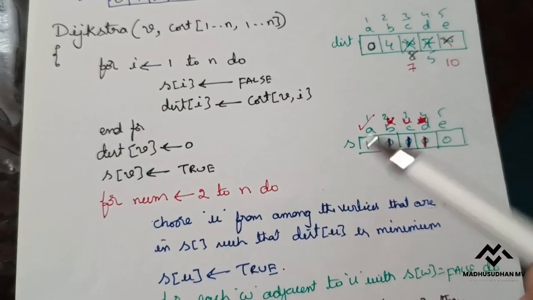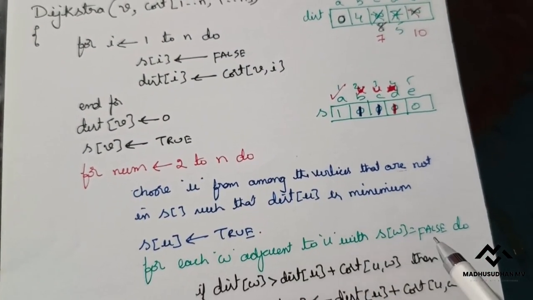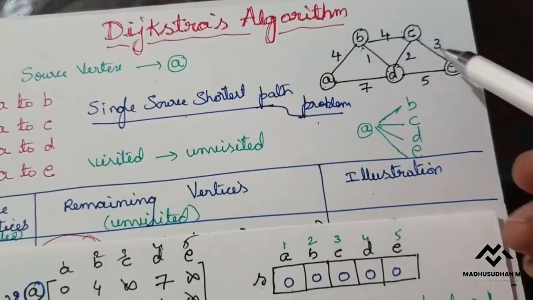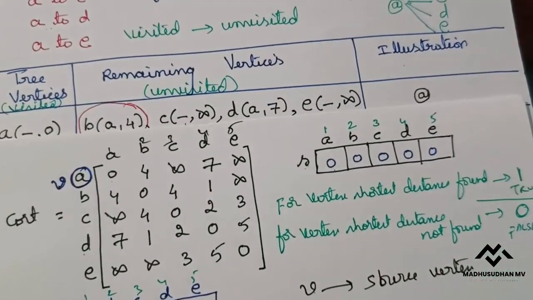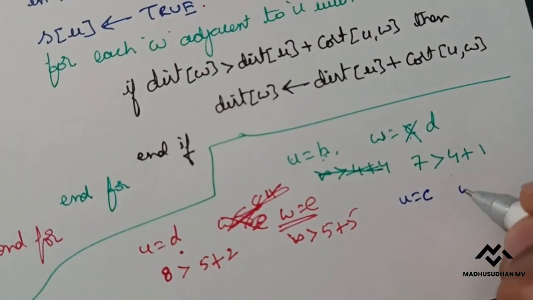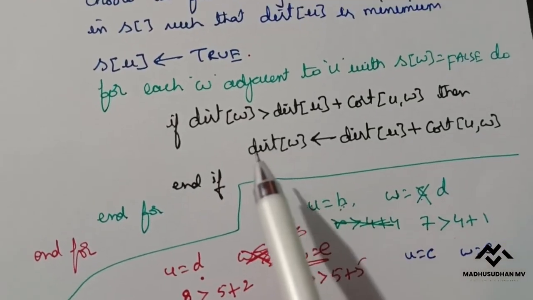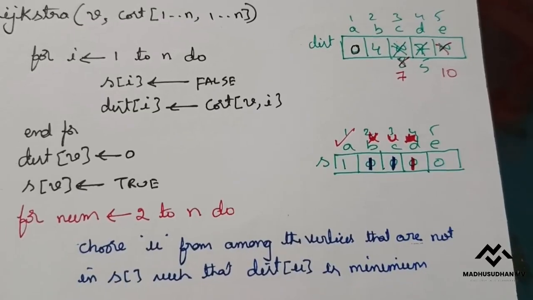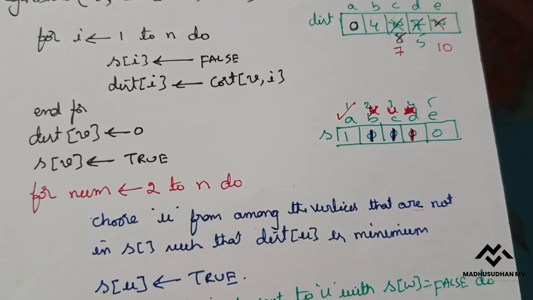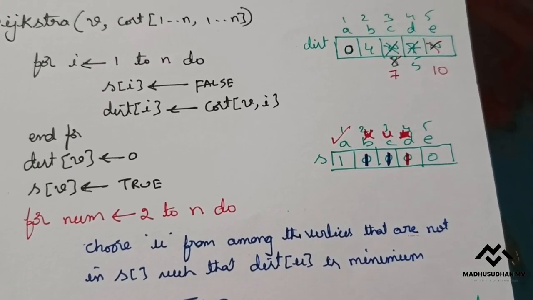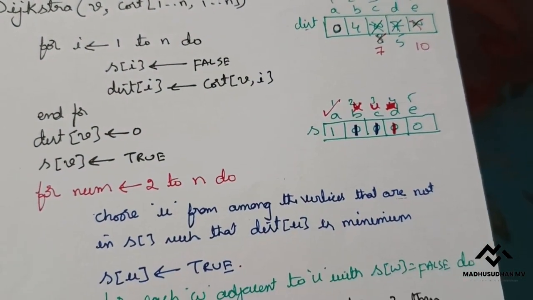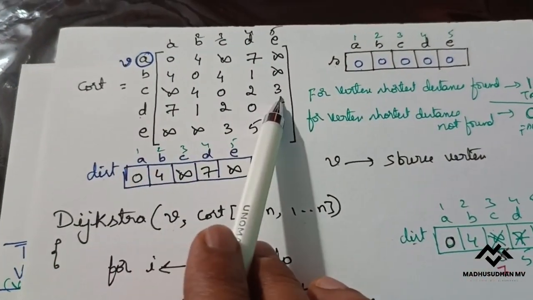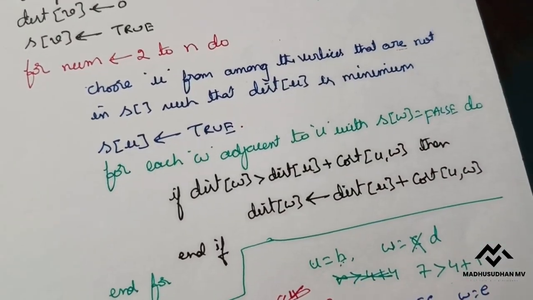So now check W adjacent to U with S of W equal to false. Only E. Is E adjacent to C? Yes. So I am taking W is equal to E. Again the same formula: distance of W, distance of E. Distance of E is 10, greater than distance of U, distance of C. Distance of C is 7, plus cost of U comma W, that means C comma E, which is 3. 10 greater than 10, 7 plus 3.